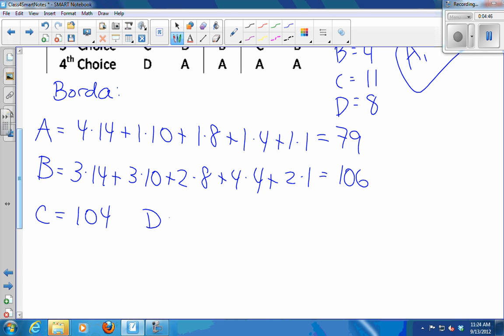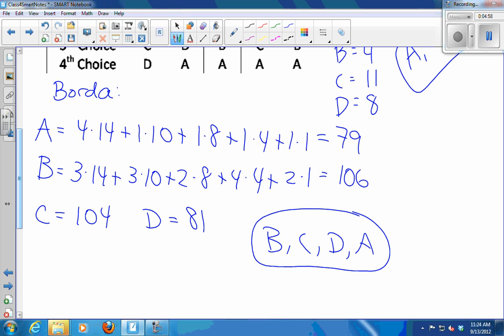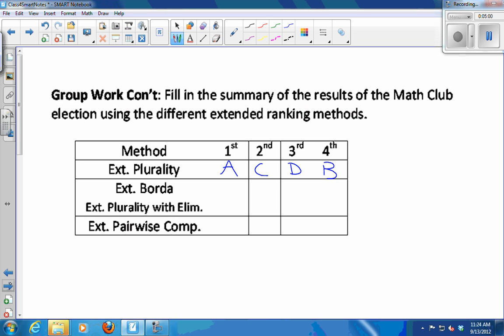And D comes out to 81. So my ranking here is going to be B, C, D, A. Throw that in my chart. That's interesting. C and D both came in second and third, but then A and B swapped for first and last.